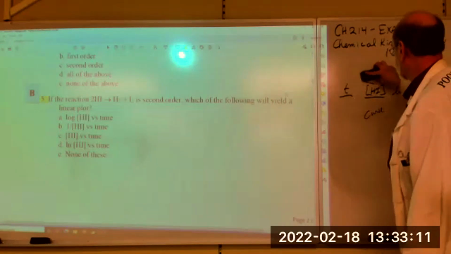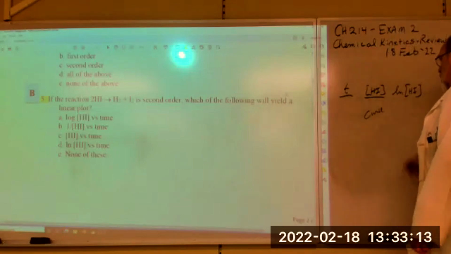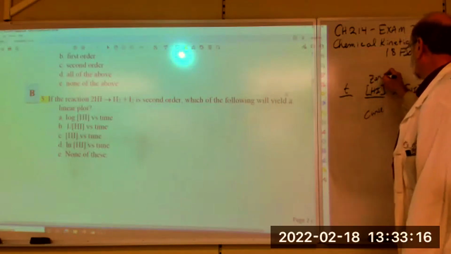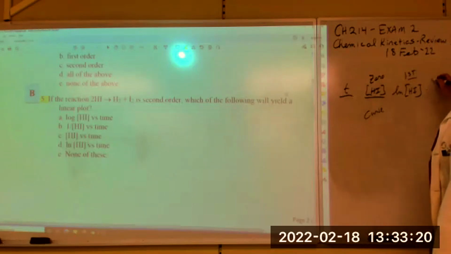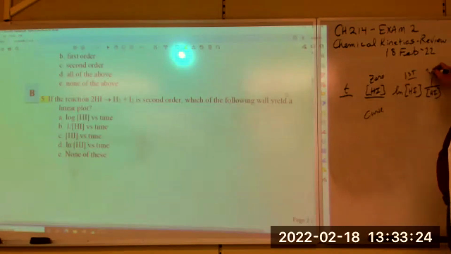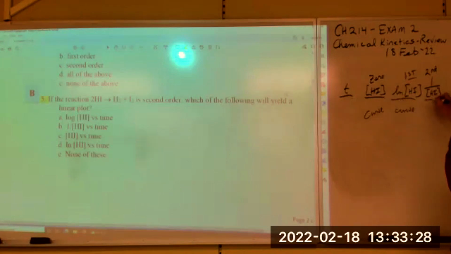Let's do it this way. This is 0 order. This is first order. And this is second order. This one's a curve. This one's straight. If it's second order, that plot will be straight.